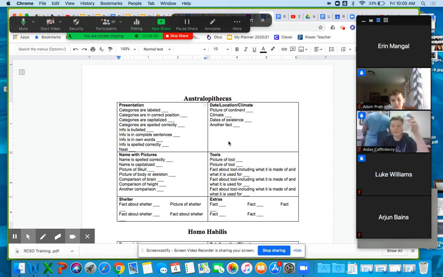You do need the checklist. You have to turn this in with your Australopithecus project. I haven't posted it in the correct spot yet, but in just a minute, as soon as I'm done with this, I'm going to put it in the lessons for today. But you can still find this. It's just I put it in the wrong spot. I'll show you one more time.